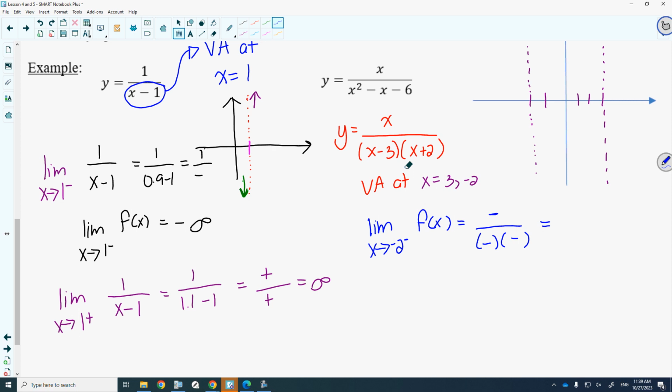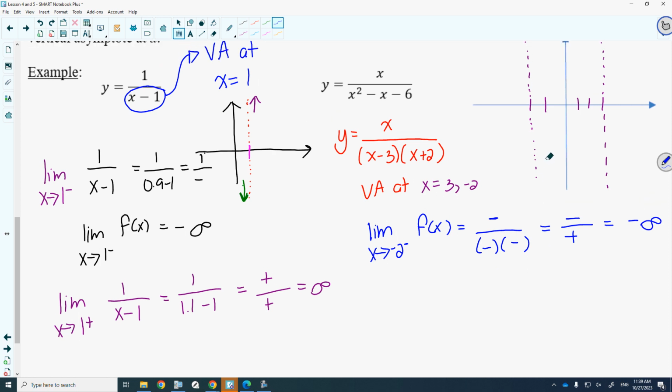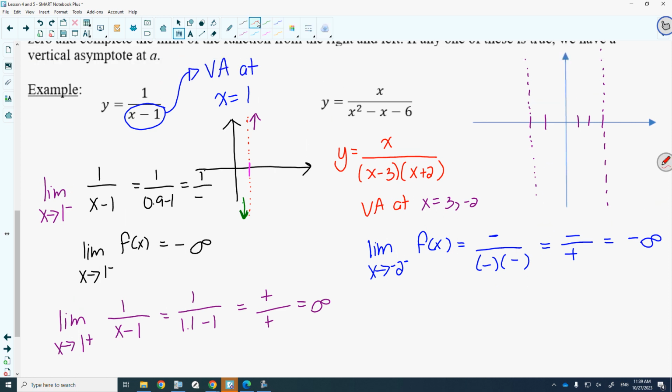Will this graph be approaching positive infinity or negative infinity? Yep, because I've got a negative number over a positive number. This graph is going to approach negative infinity. So now I'm going to put that into my graph. I got that going down as it approaches negative 2 from my left, negative infinity.